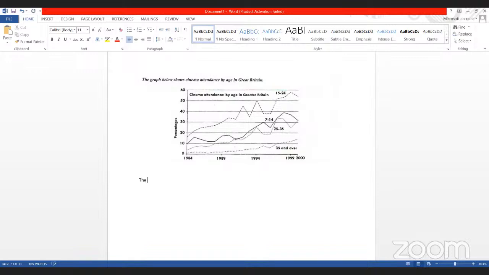So the line graph represents the information about the amount of people who visited, because it's already in past, so you cannot argue with it.